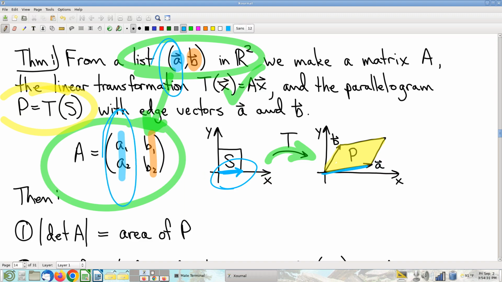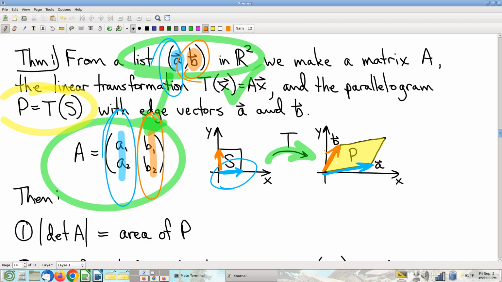It is A. So yes, the image is a parallelogram, but specifically it's a parallelogram where one of the edges is A. And then analogously, if I were to look at the second standard basis vector and look at its image, again, images of standard basis vectors are columns. Second column means it's the second vector on the list. That's B.